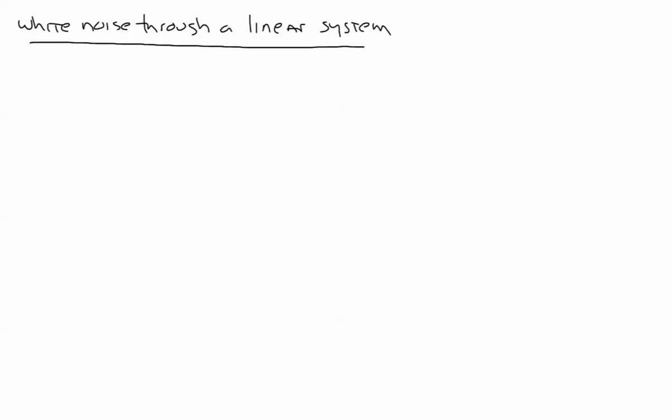White noise through a linear system. I've got some linear system with a transfer function, capital H. I've got a noise process coming in, and some filtered noise at the output.